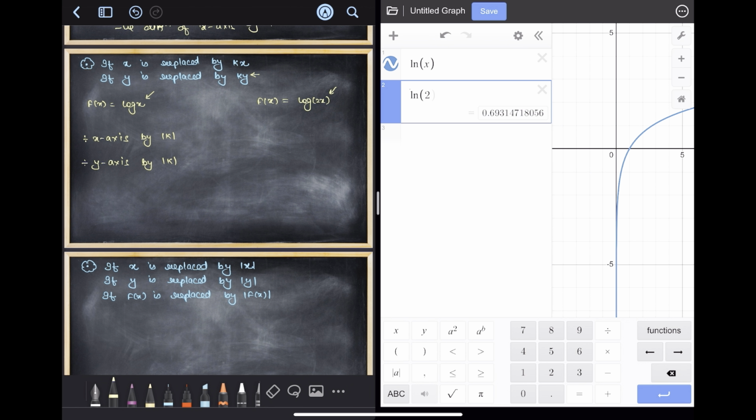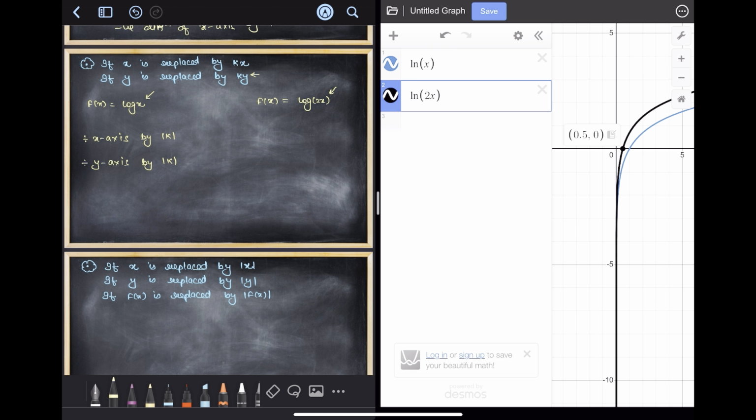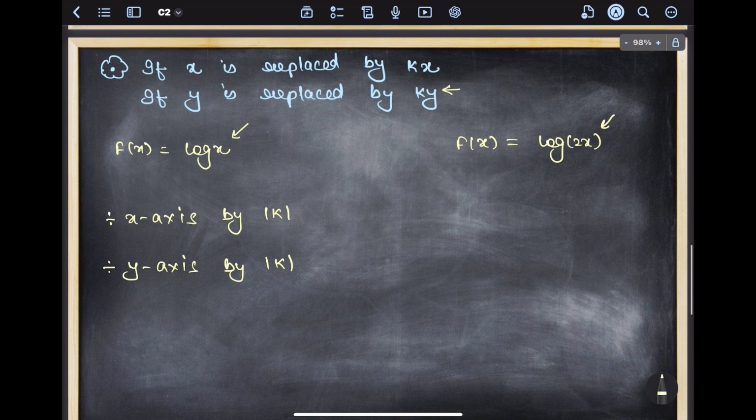Look at this. No need to redraw your graph, but what you should do is just divide the x-axis by mod k. And if you are replacing y with ky, you have to divide the y-axis by mod k. Okay, I hope this idea is clear.